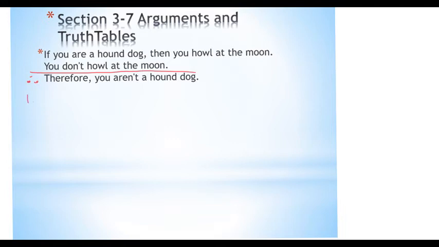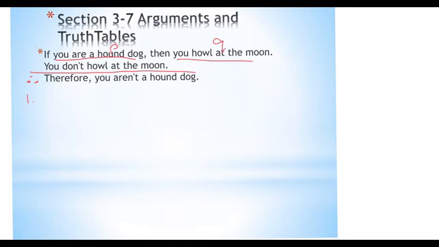So we're going to start off with, if you are a hound dog, then you howl at the moon. So you are a hound dog is going to be P. You howl at the moon is Q. So you're always going to assume, like the first statement is P, the second one is Q, unless they tell you differently. And it's an if-then statement.